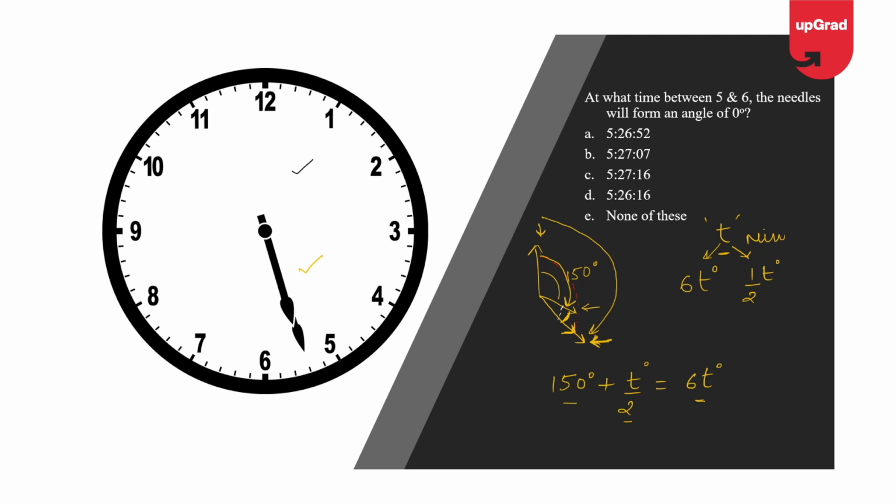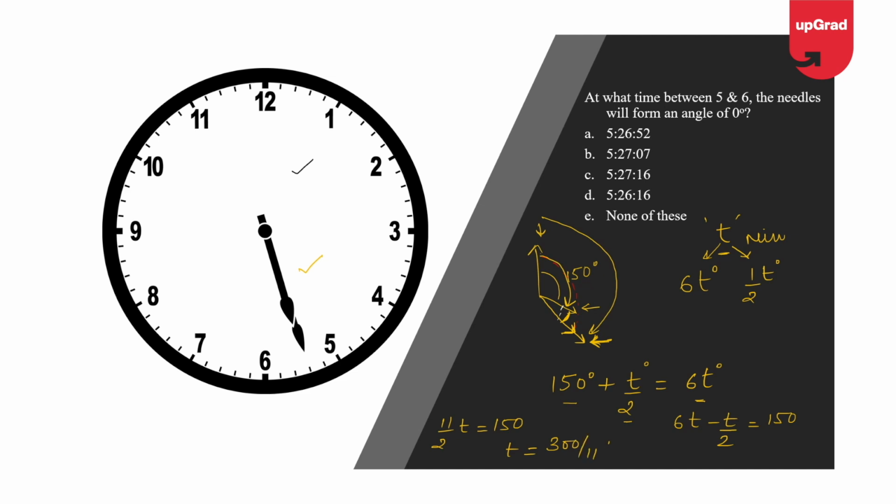So when I solve this, I will get 6t minus t by 2, and that will be equal to 150. This 6t minus t by 2 will give me nothing but 11 by 2 t is equal to 150 degrees, and t comes out to be 300 by 11.